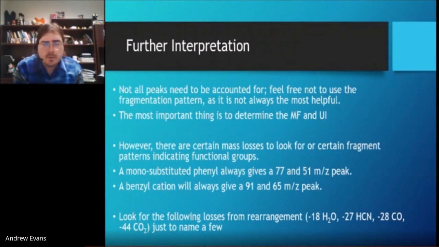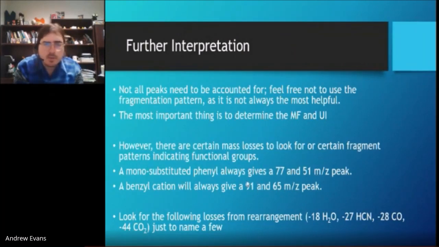We can also look for losses of stable neutral compounds as being something to really look for, such as CO2, carbon monoxide, hydrocyanic acid, and water. Anytime we can stabilize a radical or stabilize a cation, we're going to see a particularly stable fragment.